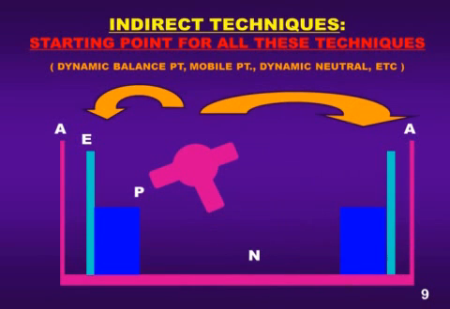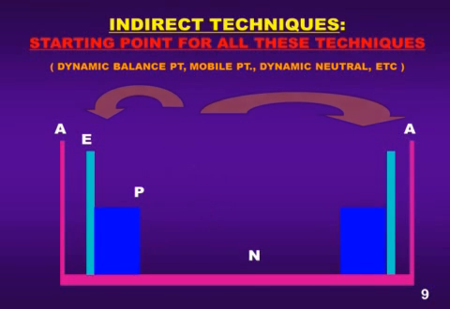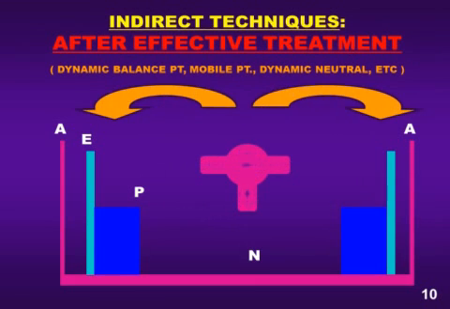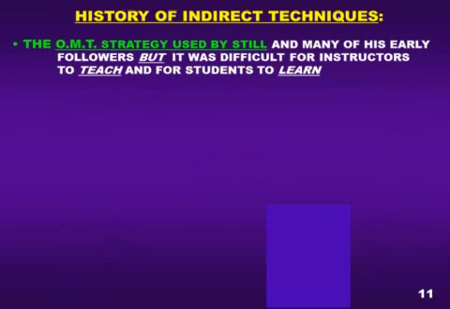Now, when that's treated, then all of a sudden, with an indirect technique, the barrier disappears, and motion to the right and left is normal. It'll be equal going in both directions. So what you've done is you haven't put it back in place. You've just reestablished the normal mechanics using the neurophysiological principles of indirect techniques.